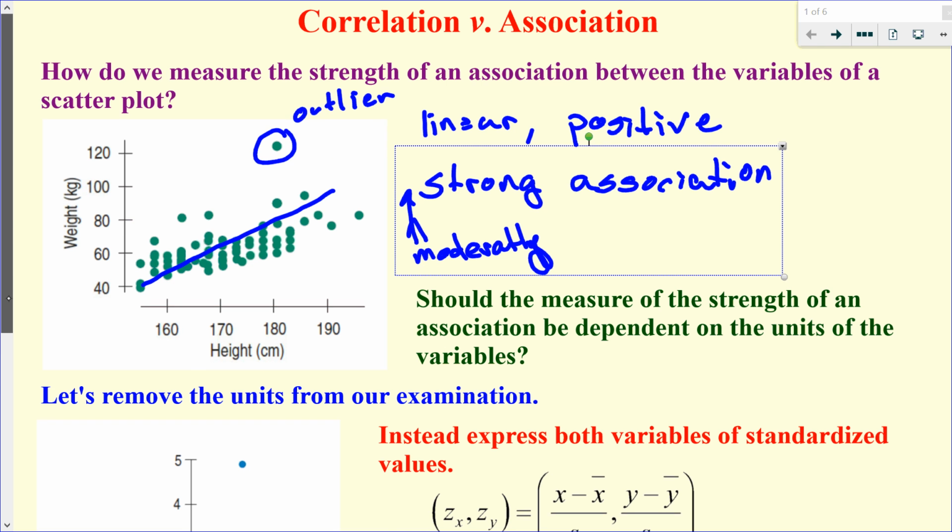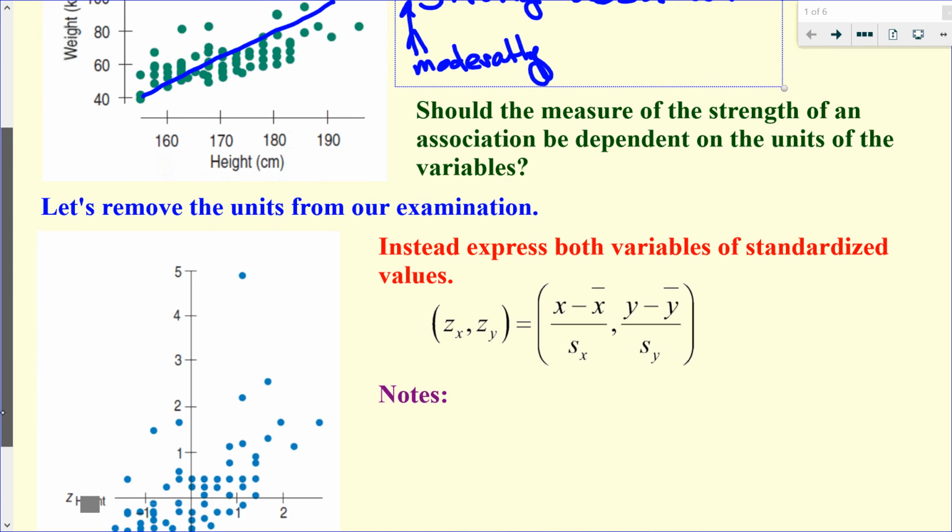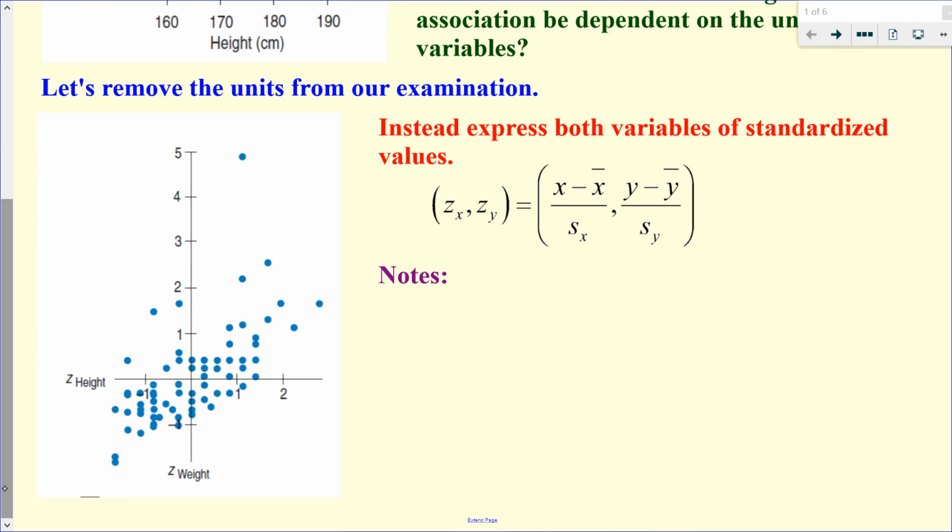So in discussing association and measuring it, let's remove the units from play. Instead of using inches and kilograms or centimeters and kilograms, we can use standardized values: Zx and Zy, the standardized values of each of our variables, using the z-score formula.